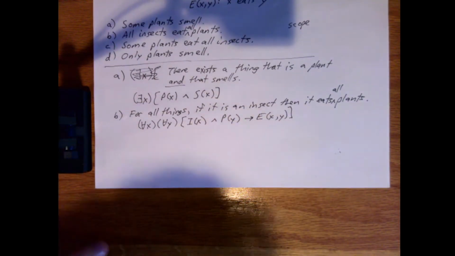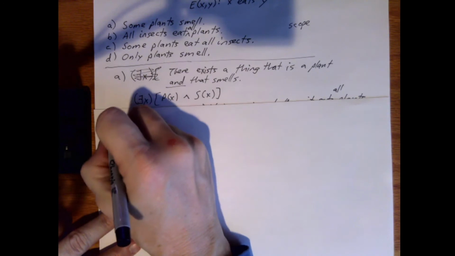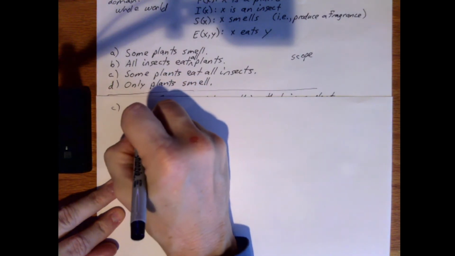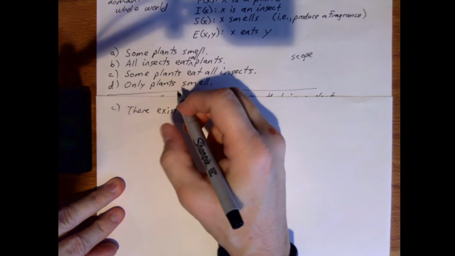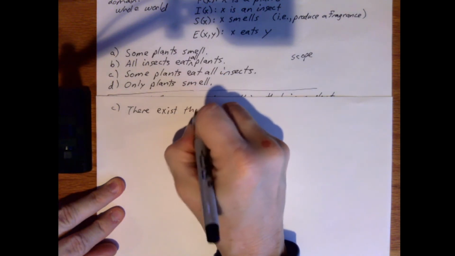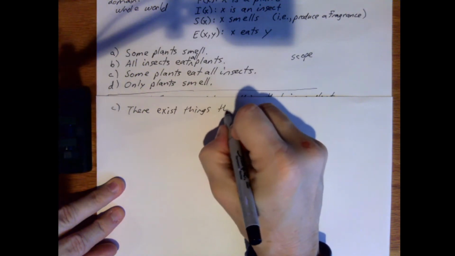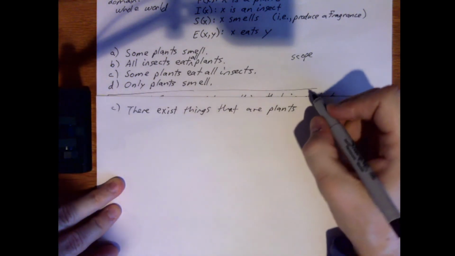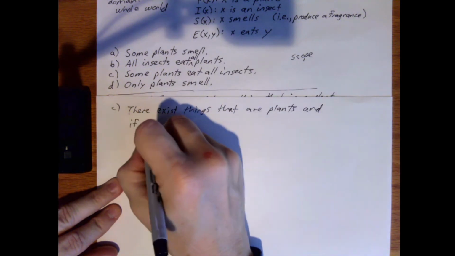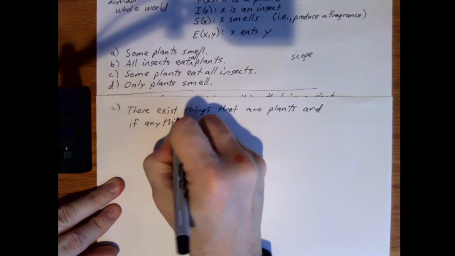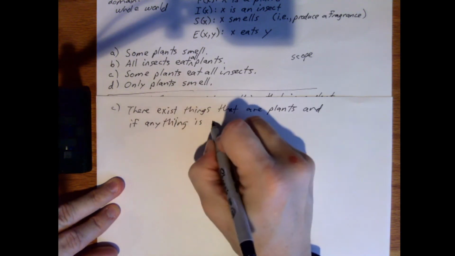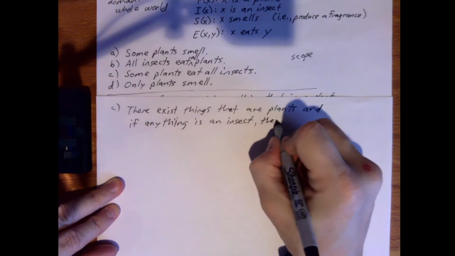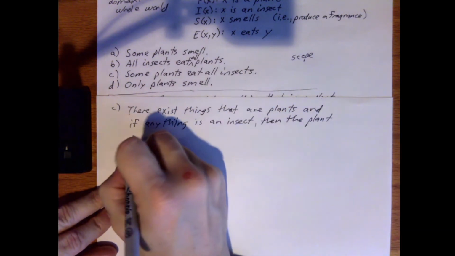C, some plants eat all insects. There exists, or there exist things that are plants and if anything is an insect, then the plant eats it.